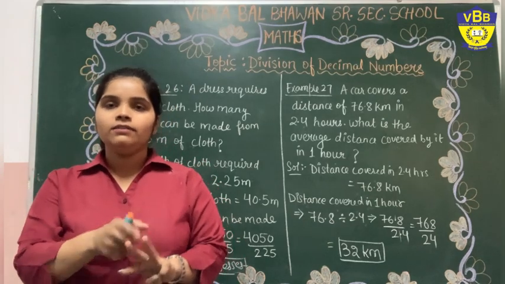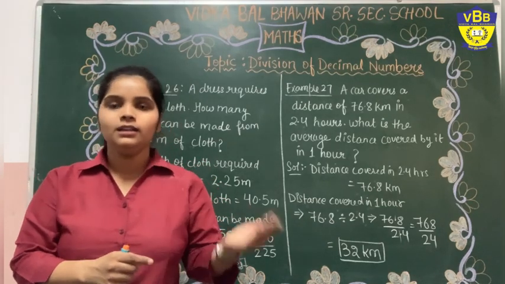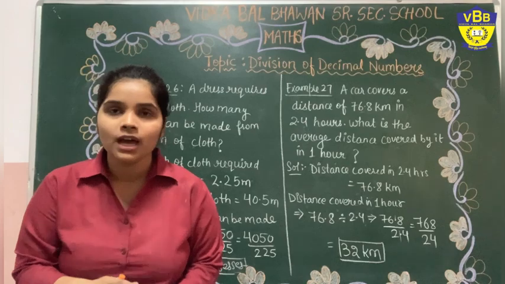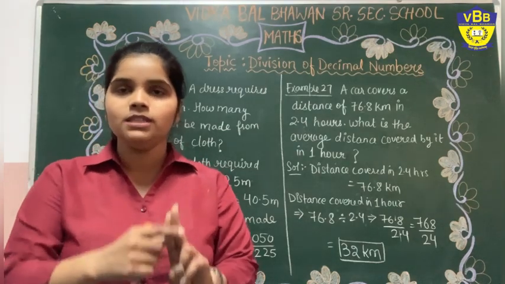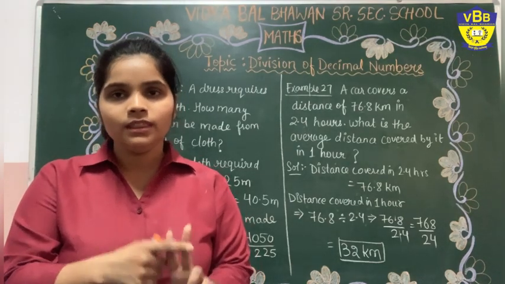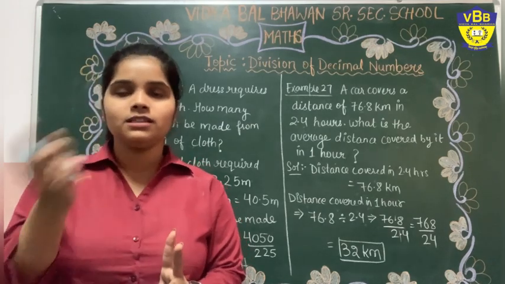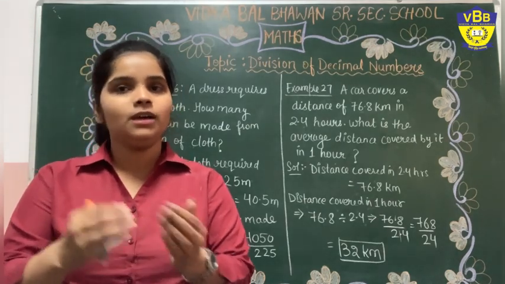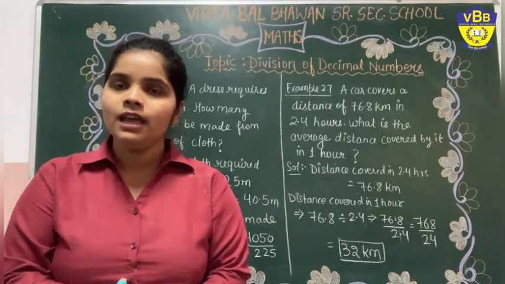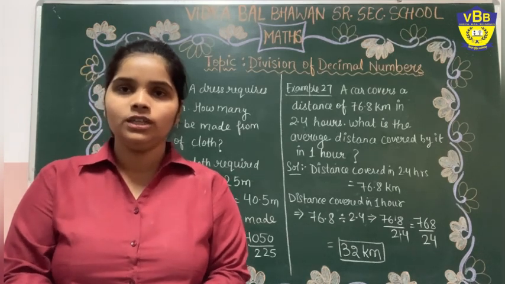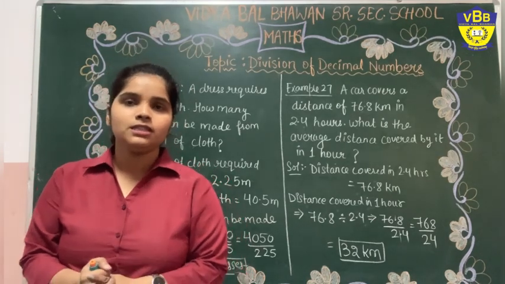Third, dividing a decimal number by another decimal number. For that, you have to make the two decimal numbers like decimals. When they become like decimals, cancel out the decimal and they become whole numbers, and we simply do the division. So that's it for today.